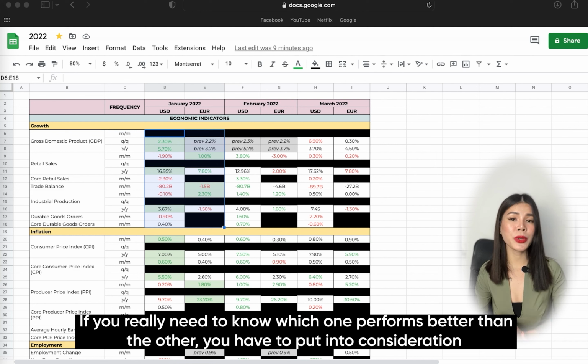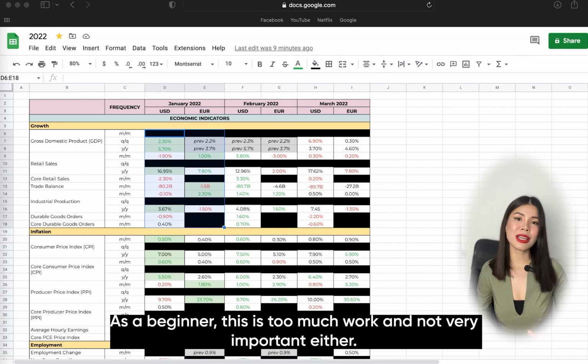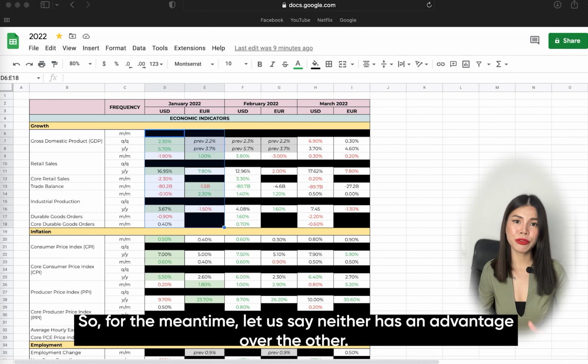If you really need to know which one performs better than the other, you have to take into consideration the percentage of how much the trade balance is in comparison to its GDP. As a beginner, this is too much work and not very important either. So, for the meantime, let us say neither has an advantage over the other.